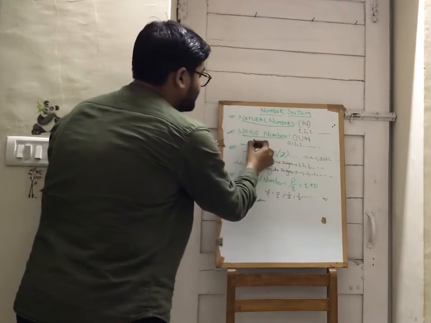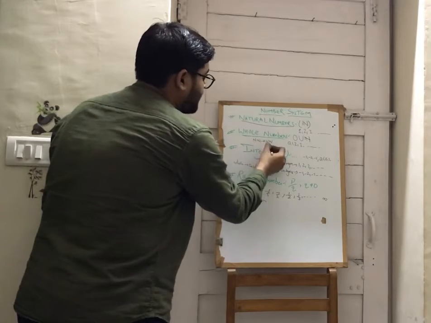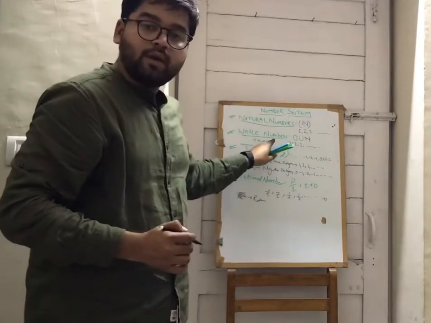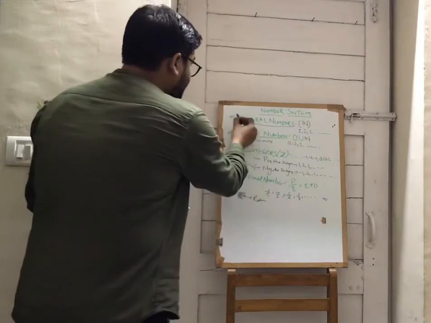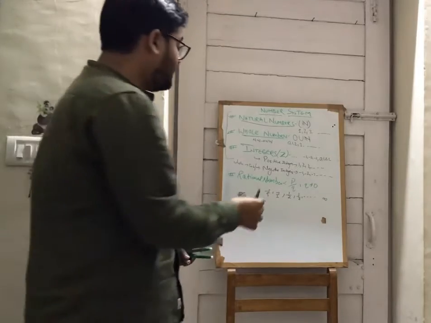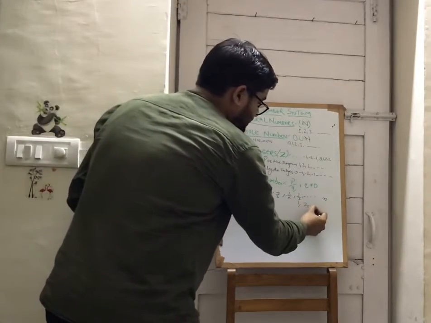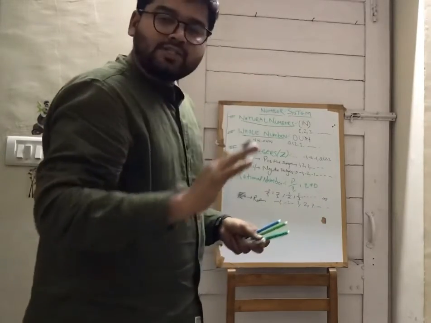In this, we can say that all natural numbers are whole numbers. So in rational numbers, integers are contained, in integers whole numbers are contained, in whole numbers natural numbers are contained. So these three kinds of numbers are also rational numbers, like 1 is rational, 2 is rational, 3, 4, 5, -1, -2, -3, all are rational numbers.